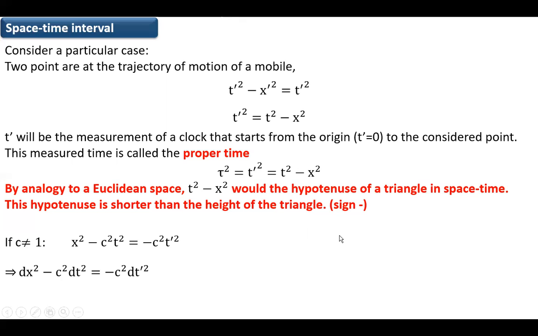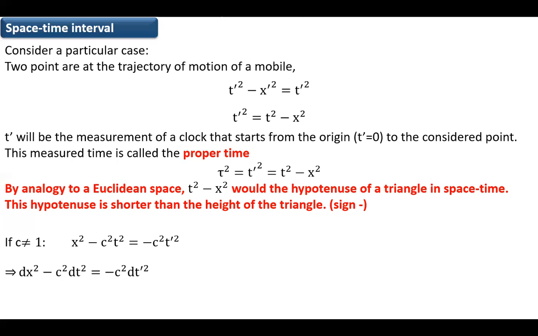If you imagine it in a Euclidean space by analogy, this quantity t squared minus x squared would be the hypotenuse of a triangle in space-time.